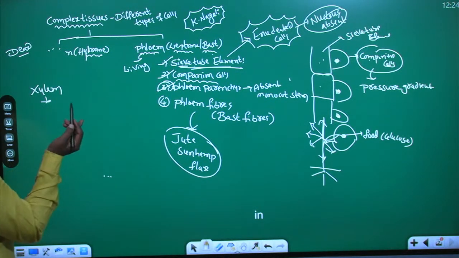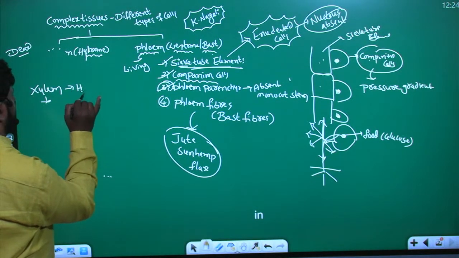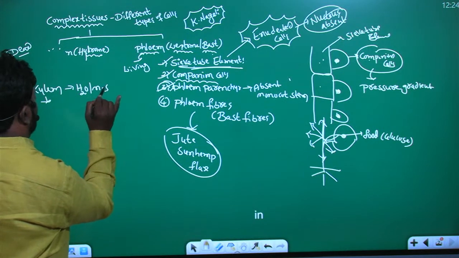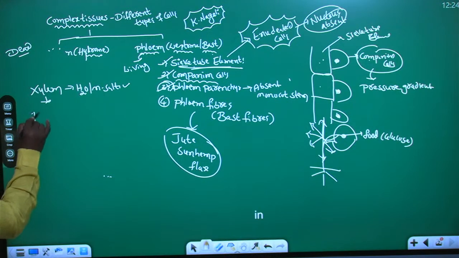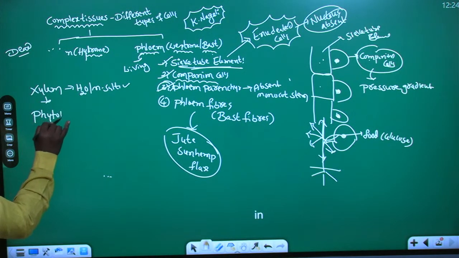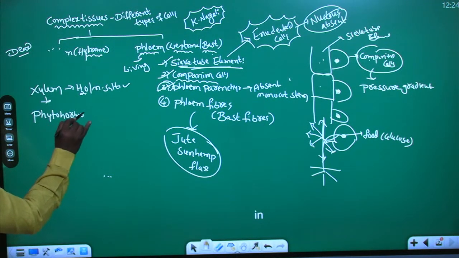Write it down there. The major function, simply told to everyone, is water and mineral salts. It is the major function. And xylem also transports phytohormones. The hormones produced by the plant are called phytohormones.